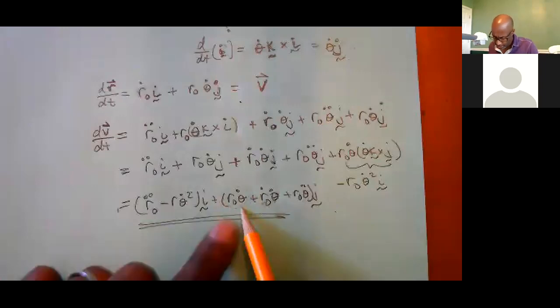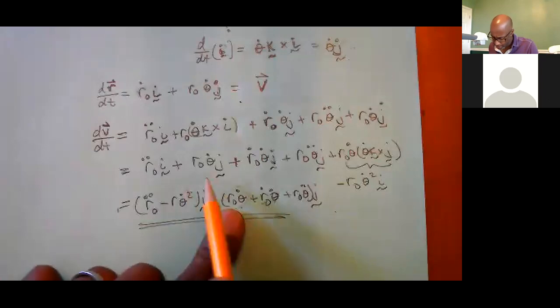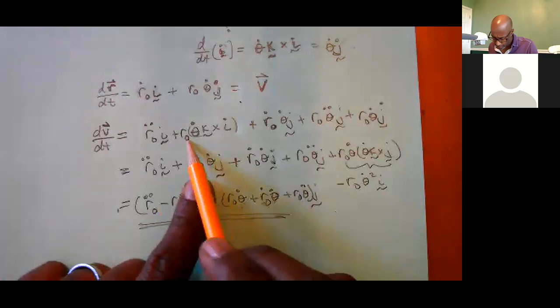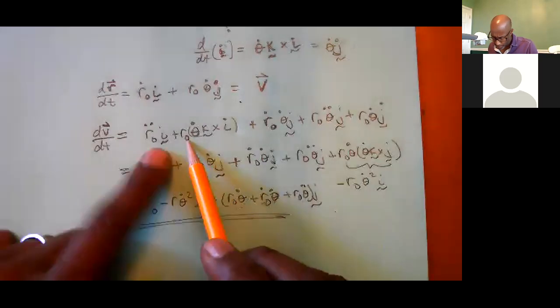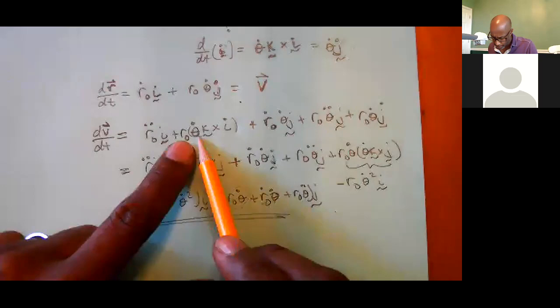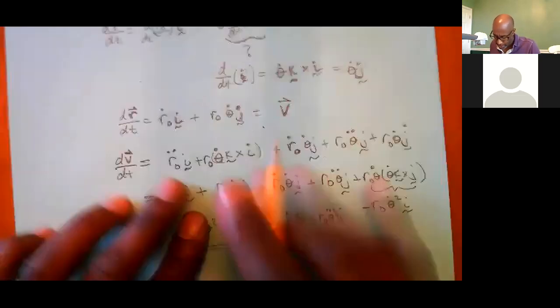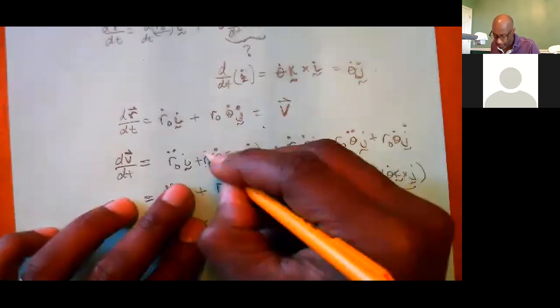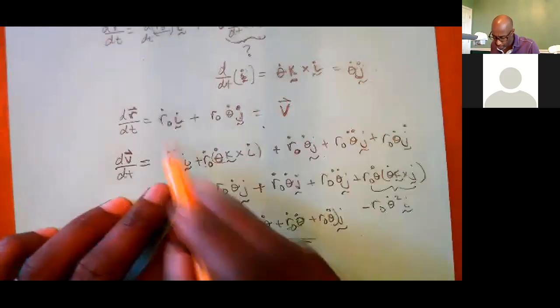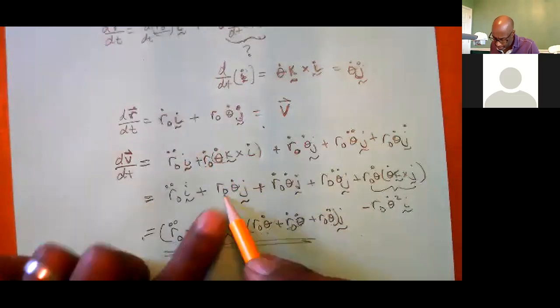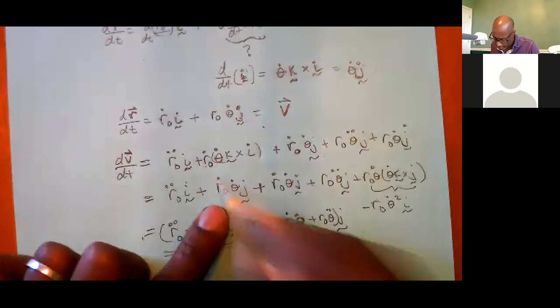Where did this, did I make a mistake? Where's my j's? Ooh, this is supposed to be r dot, okay. When I did this one, I left off the dot because this was r double dot and then it was r dot times that. So that means that here there was a dot and then there was a dot.